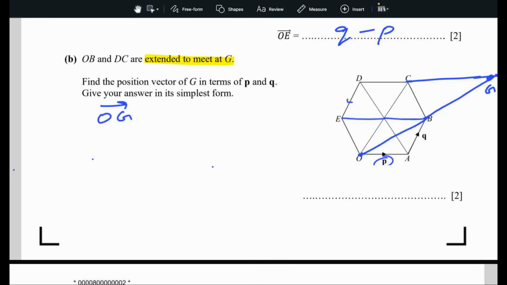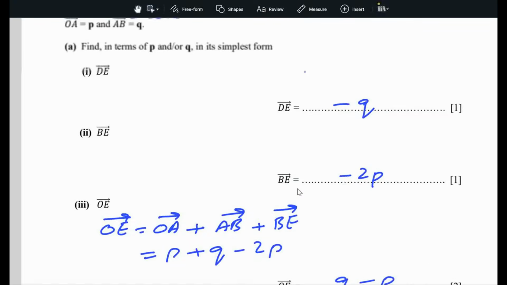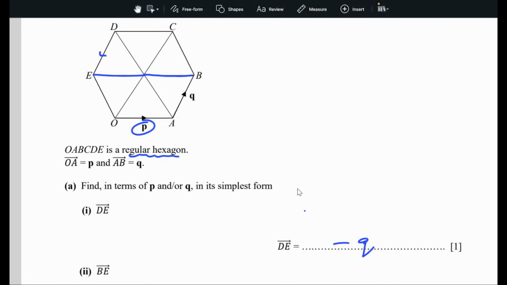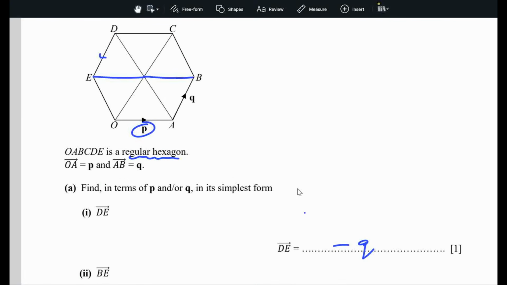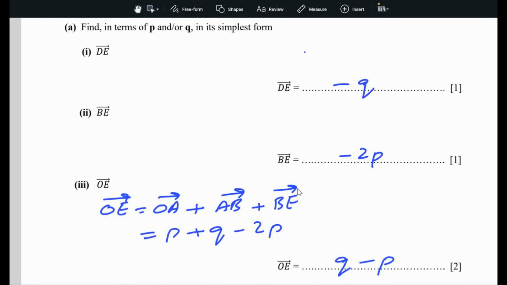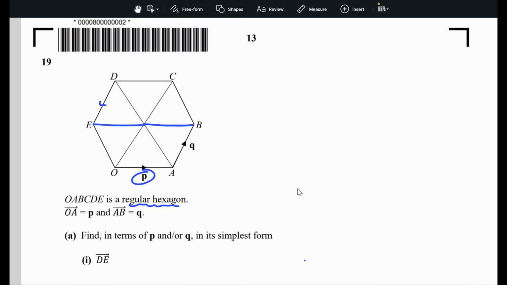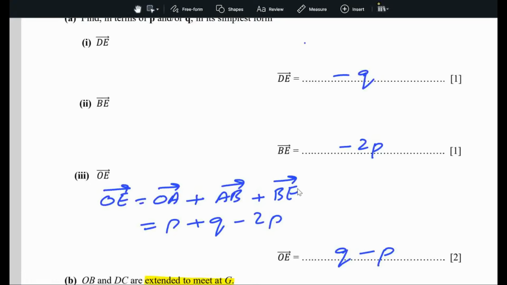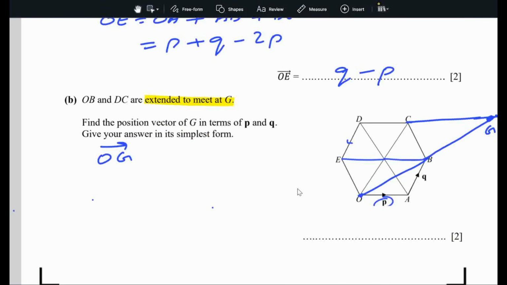So for extended questions, we have to use the ratio concept. I hope that this is clear. Now here you can see that we will have two triangles, and this one will be the double one.